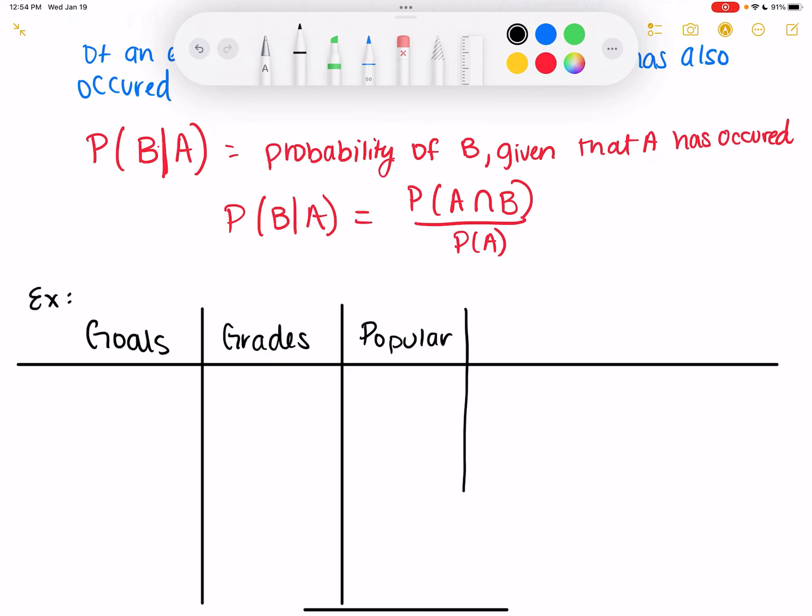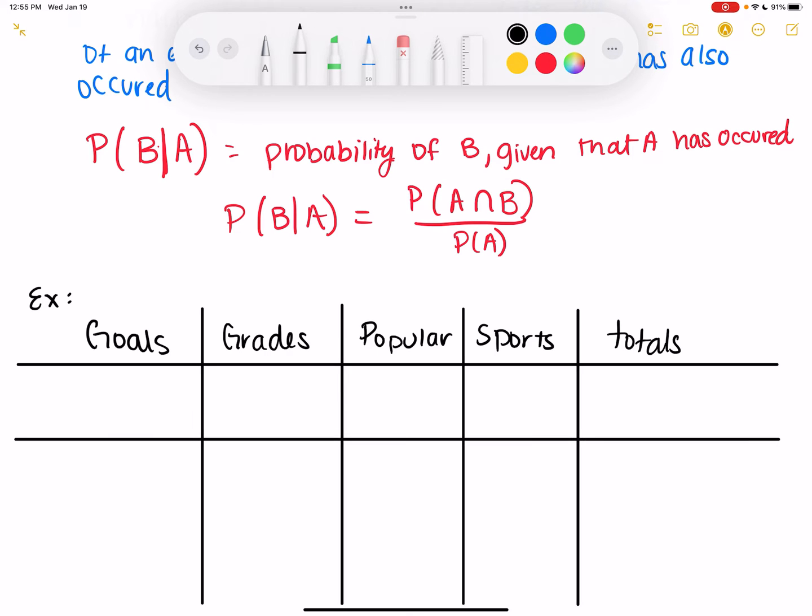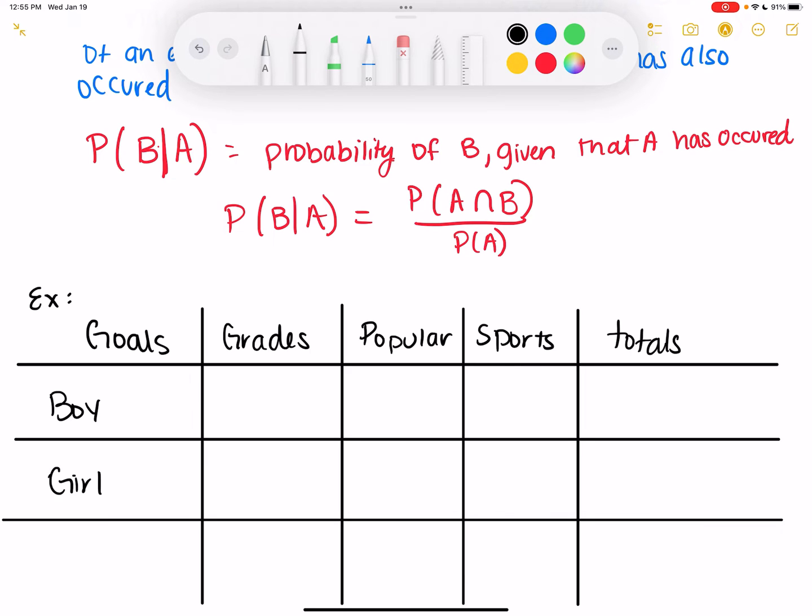That's me. We're going to have sports. And then we're going to have totals. Then going down, we're going to have boy, girl, and then totals.